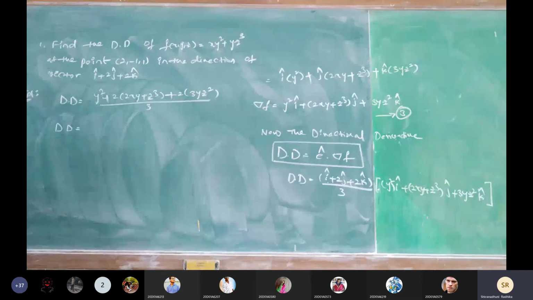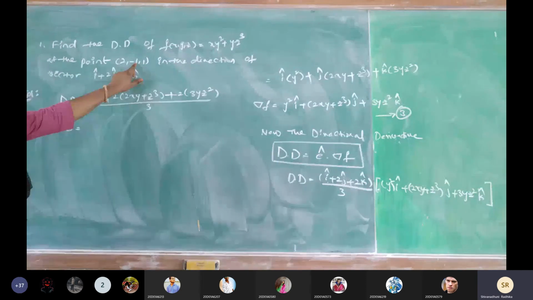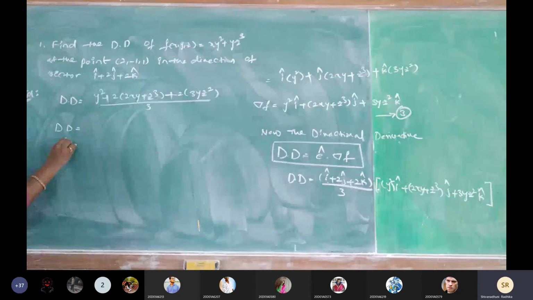But the directional derivative at the point (2, −1, 1). Okay, now we are going to find at (2, −1, 1). So x value 2, y value −1, z value equals 1. Just we are going to substitute in the directional derivative.